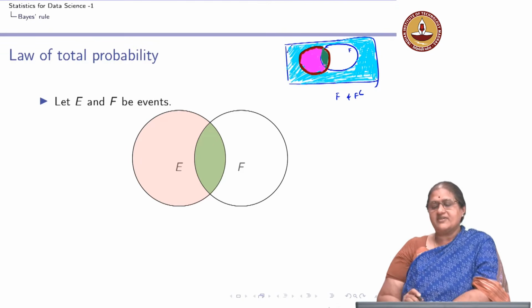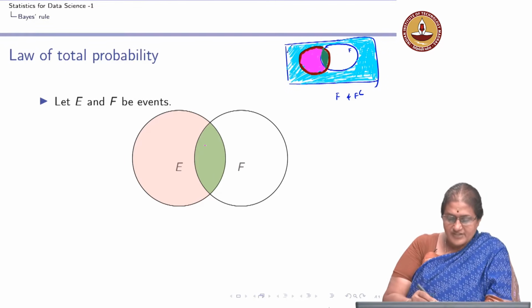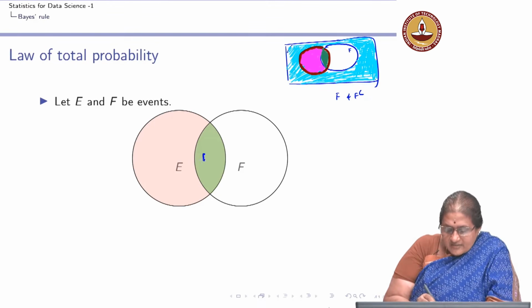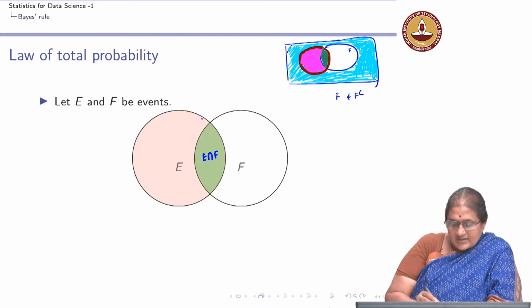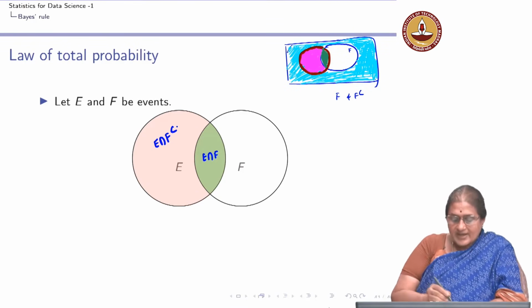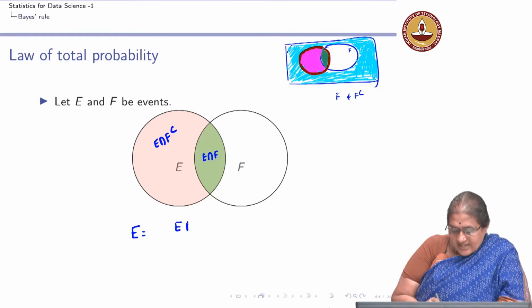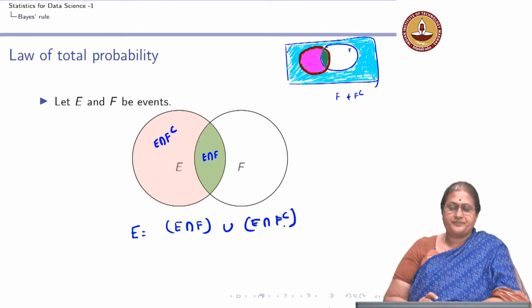E intersection F is this area, and this portion is the intersection of E with F complement. So, I can write any event E as E intersection F union E intersection F complement.